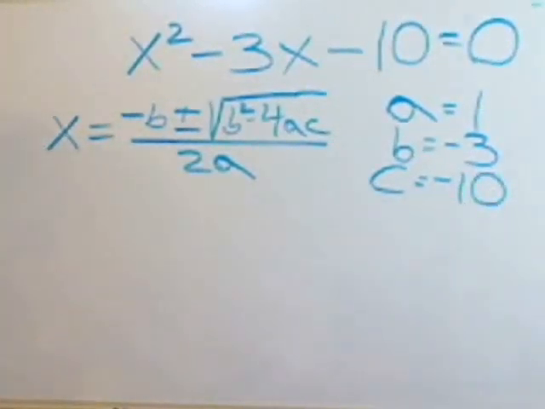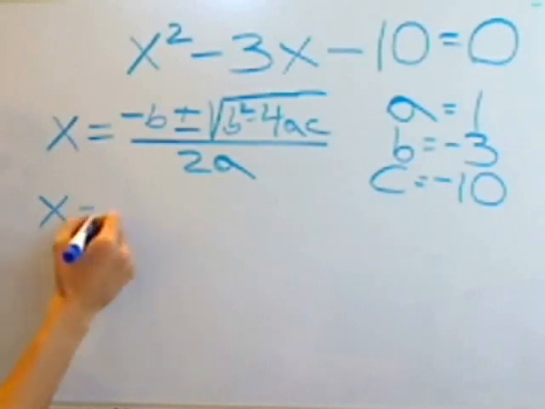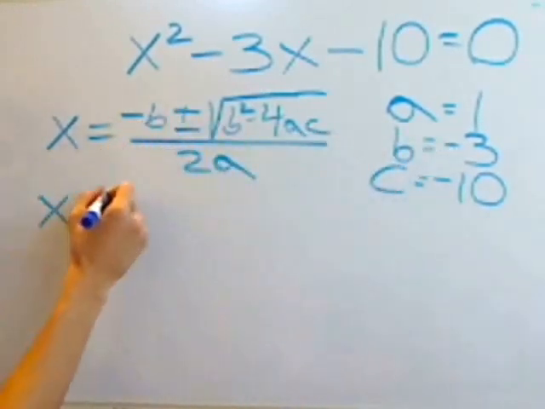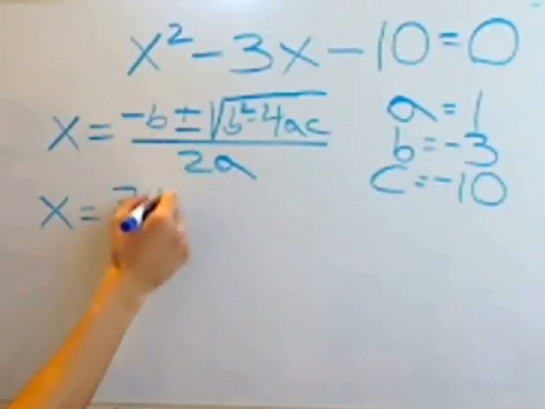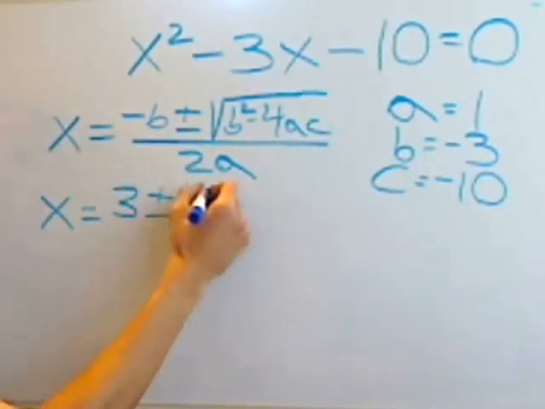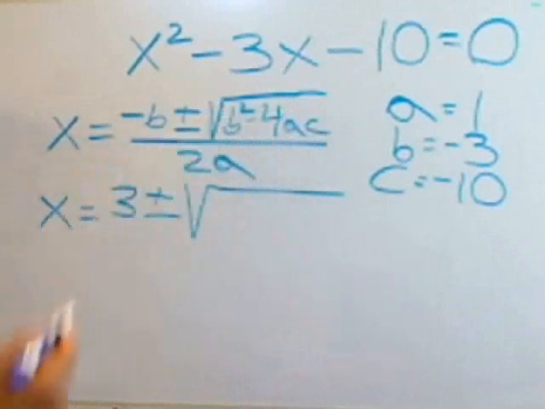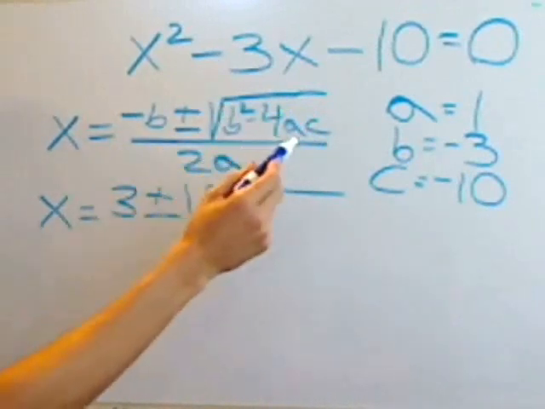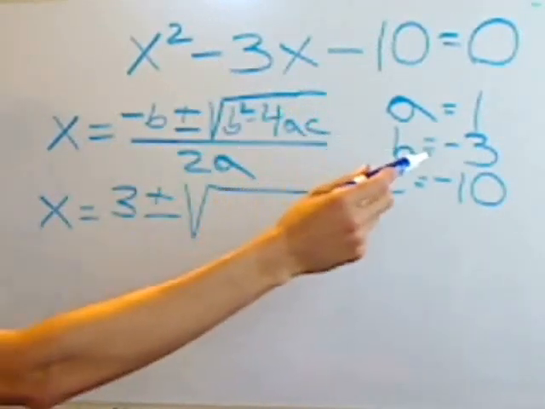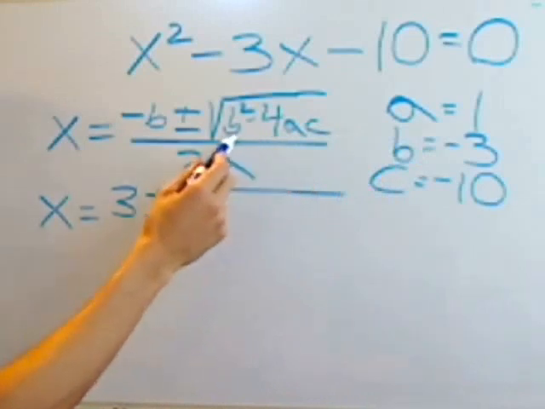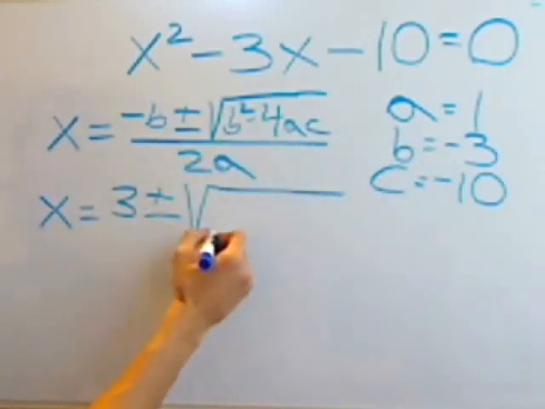So let's plug that stuff into our quadratic formula here and solve for x. Okay, so we'll do that here. x is negative b. So b is negative 3, so that gives us a plus 3. Plus or minus the square root of all this stuff here, which is b squared minus 4ac. b is minus 3, so minus 3 squared is 9.